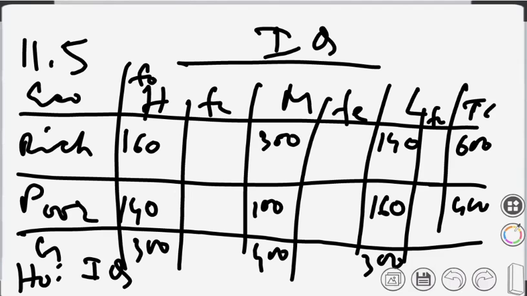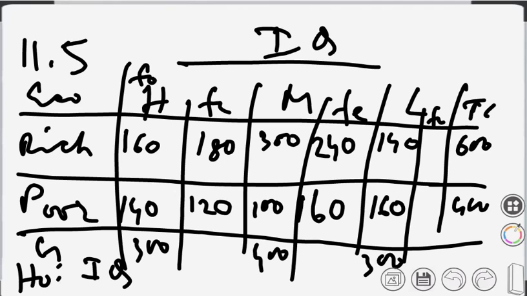That is 180. So if it is 180, it must be 120 because the total is 300. The next one is 600 into 400 divided by 1000, that is 240, so this must be 160.